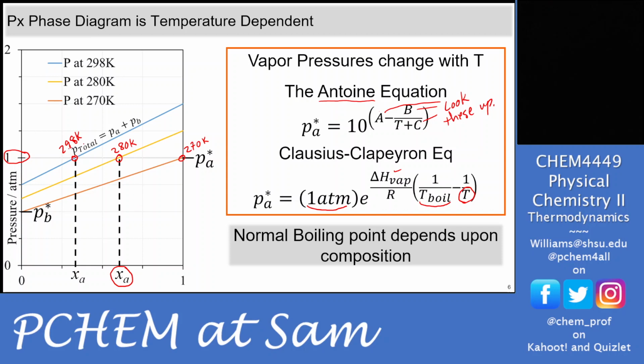So we should be able to look at this diagram, and this is something that you should be able to recognize instantly. Which of these substances, A or B, has the lowest boiling point? Whichever one has the highest vapor pressure has the lowest boiling point.